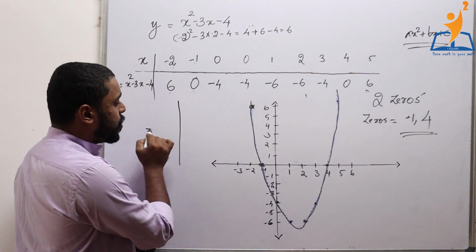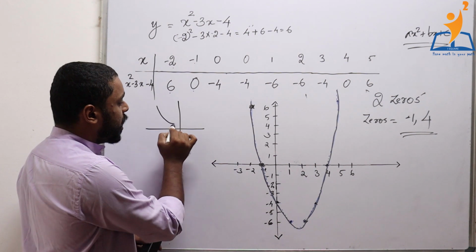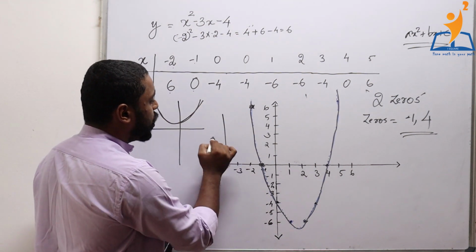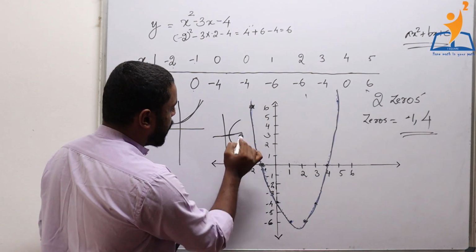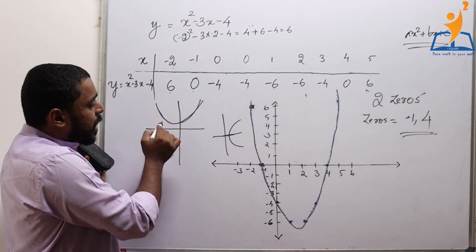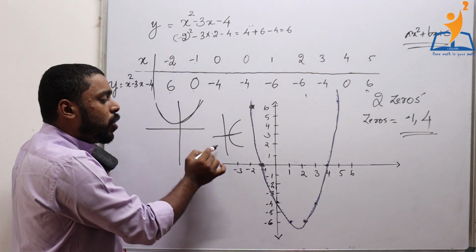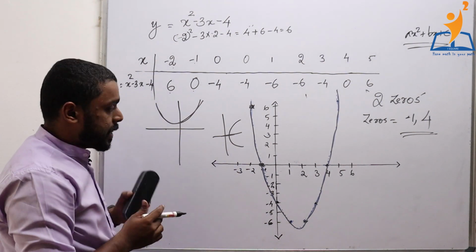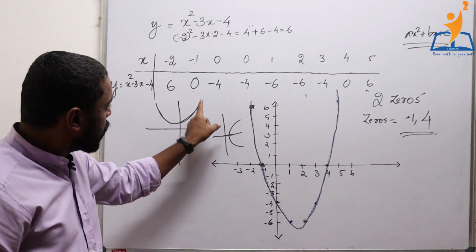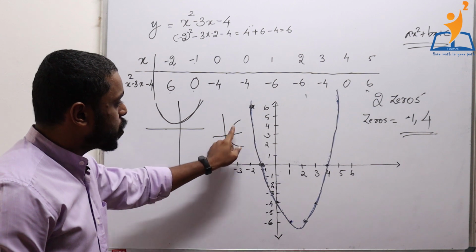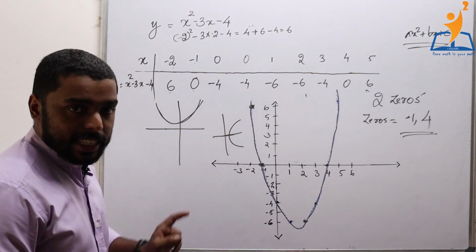Suppose that after we draw the graph, we got a graph like this for the second degree polynomial, or we got a graph like this. See, in these two examples, the graph does not cross the x-axis. Also in this example the graph never crossed the x-axis.